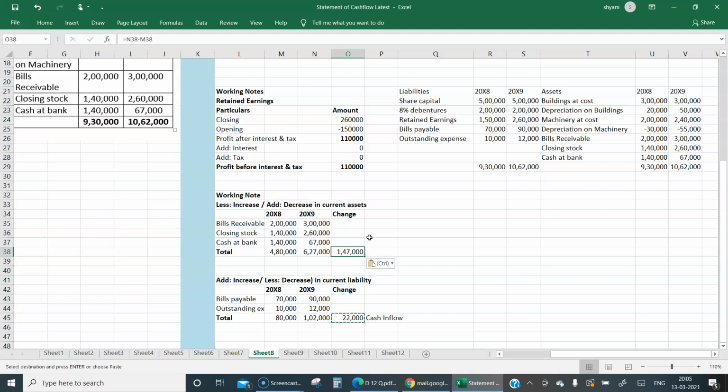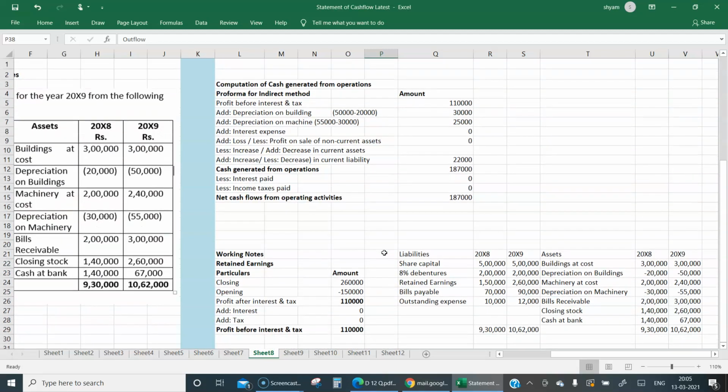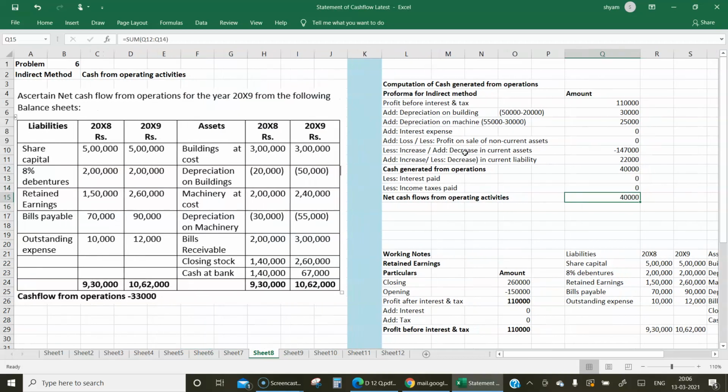So difference is 1,47,000. So last year we had 4,80,000. This year we have 6,27,000. So we are like buying more current assets. Okay, so our money is stuck in current assets. So it is a cash outflow. It's a cash outflow. Okay, so 1,47,000 is a cash outflow. Okay, so answer comes to 40,000.